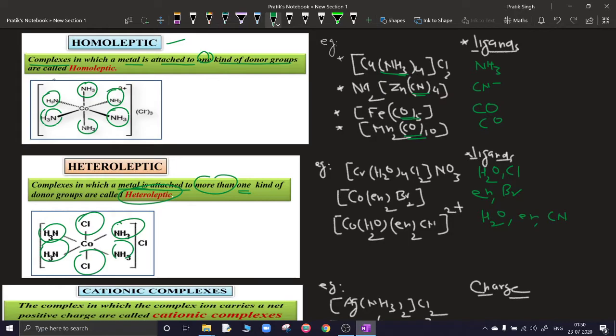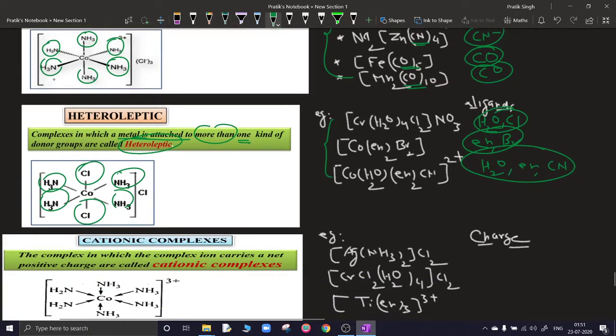The earlier ones were ammonia, Cl minus, CO and CO, consisting of only one type of ligand. But these complexes consist of more than one type of ligand, and since they consist of more than one type of ligand, they are referred to as heteroleptic complexes.